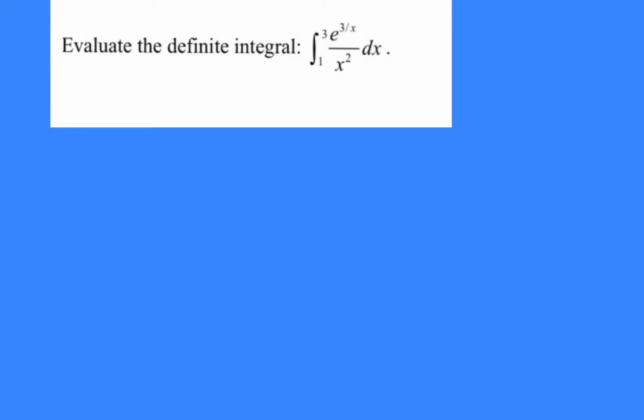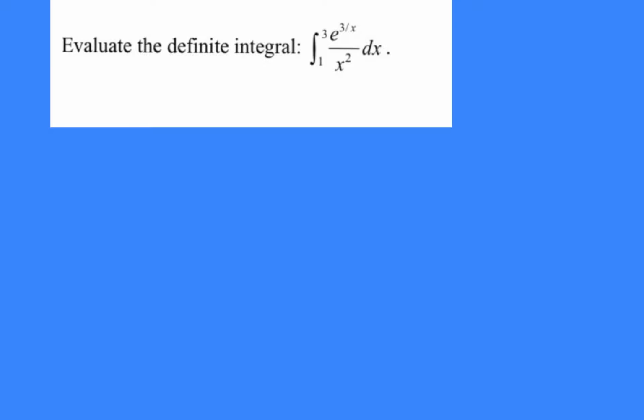Okay, now let's go to solve this problem. This is a substitution problem, and you want to find the definite integral from 1 to 3 of e to the 3/x divided by x squared.